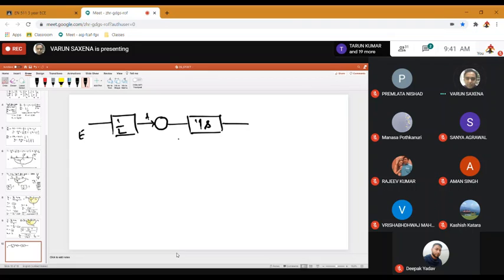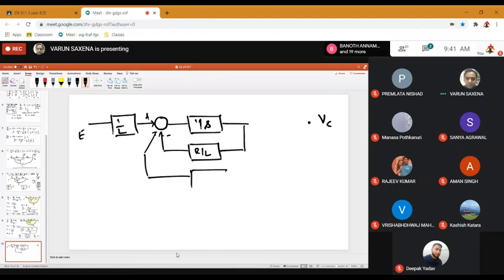Then you had a quantity which was R by L, and this was getting subtracted. Here you have Vc, so here you have another 1 by L with a negative sign. So this quantity here becomes your I.